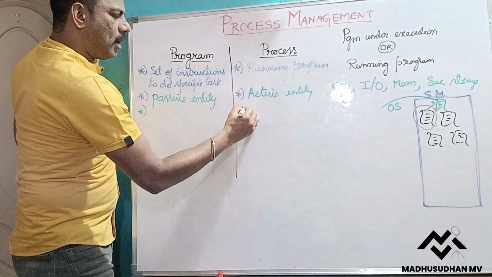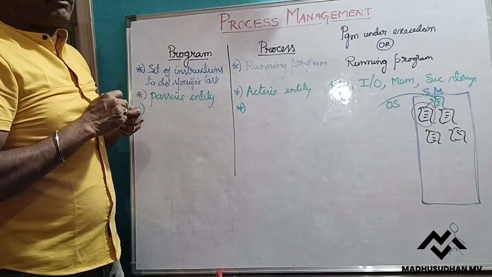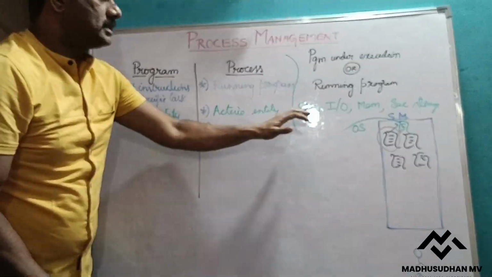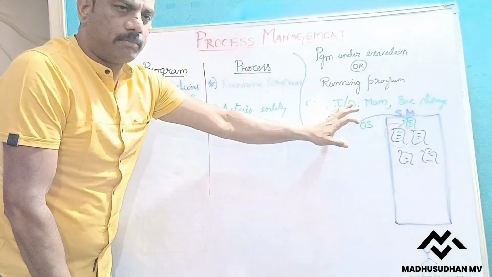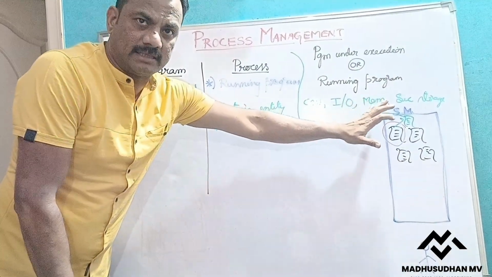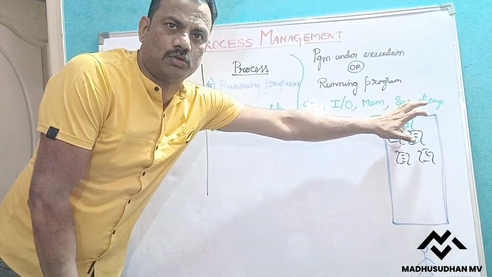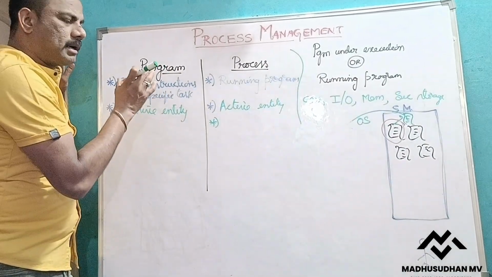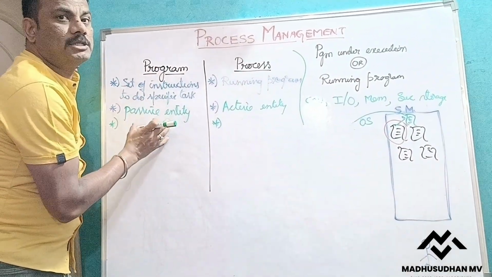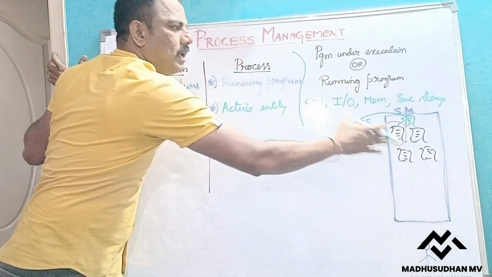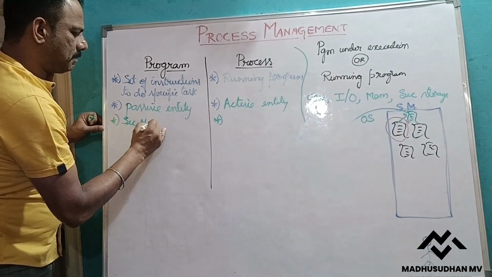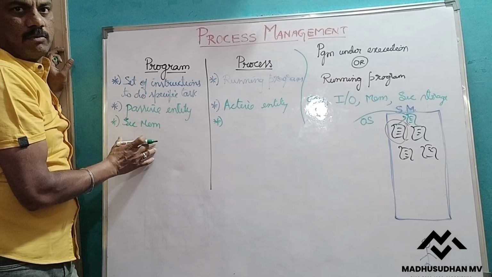Next one: what are the resources? We know that every process requires CPU time, some input device, some output device, some space in the main memory, and some space in the secondary storage device. Now, what resources does a program need? A program is there in the secondary memory, so it just needs some space in the secondary memory.